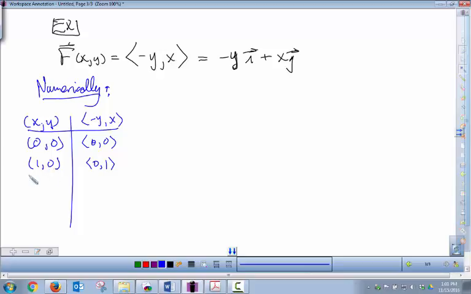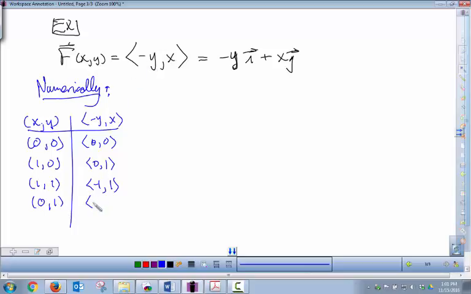And then we'll take a few more samplings of things, like maybe 1, 1. So the y is 1, with a negative in front, negative 1, and the x is 1. And then 0, 1.